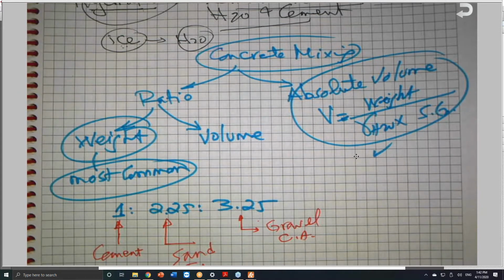Did I say anything? Fine aggregate, coarse aggregate. Okay, fine aggregate, coarse aggregate, this is sand and the gravel and so on. Yes, probably sometimes I use abbreviations. You are very welcome to quit.